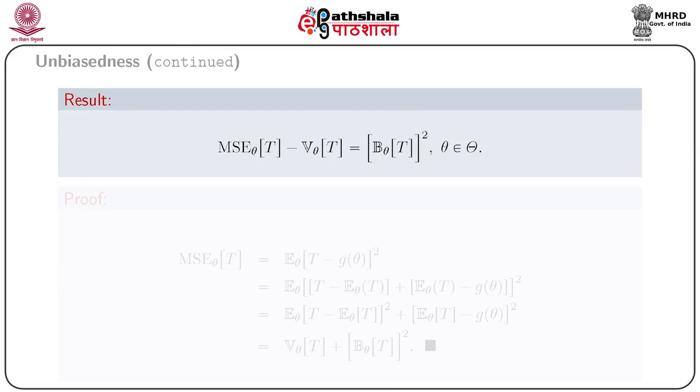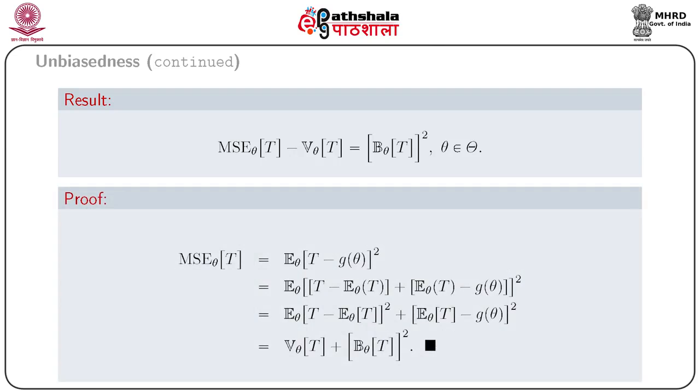We shall now show that the MSE of an estimator T can be decomposed into two parts. One is the variance of the estimator T and the other is the square of the bias of T. To prove the result, we see that MSE of T is equal to expectation under theta of (T minus g(theta)) whole square.